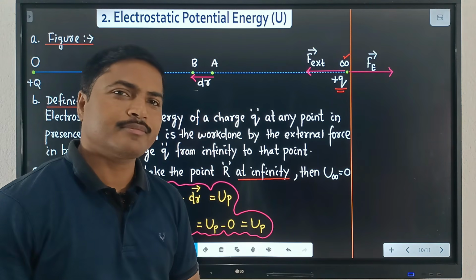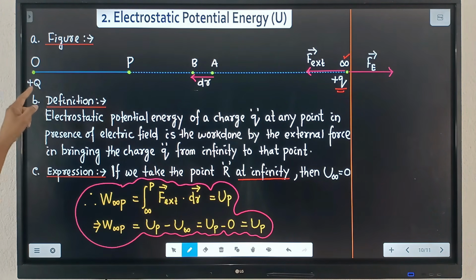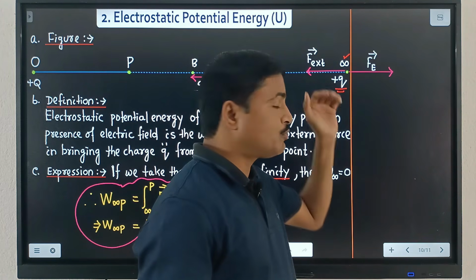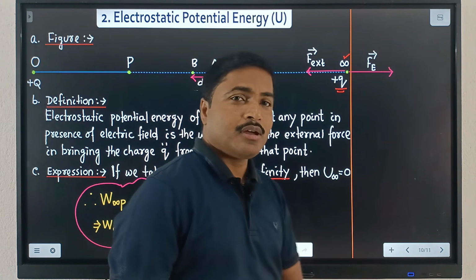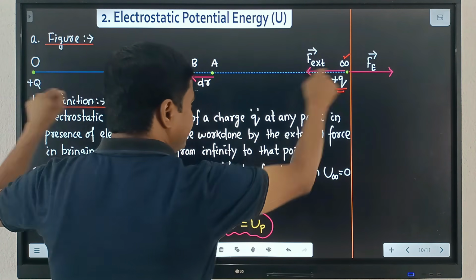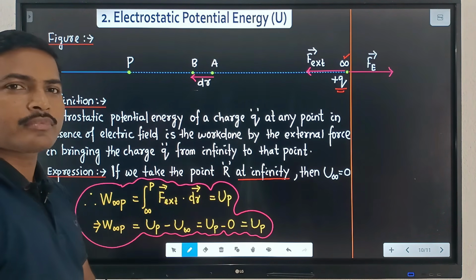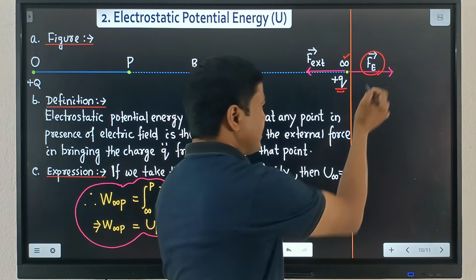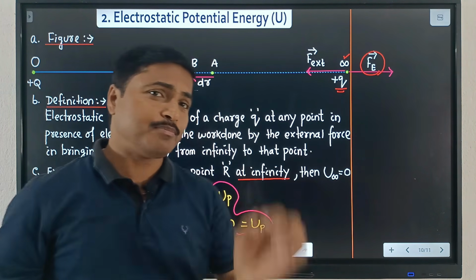Then what happens? The source charge is positive. The test charge is also positive. And the distance between the source charge and the test charge is very, very large, so that a repulsive force is applied on this test charge, but that is very, very small.